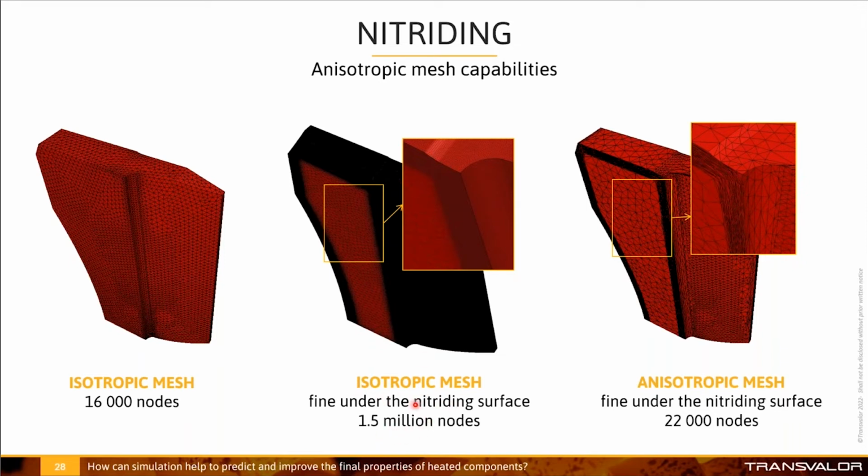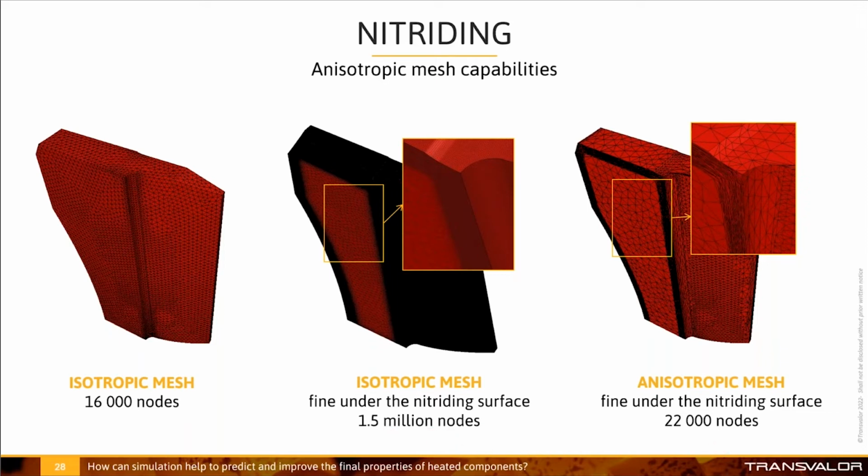Thanks to the anisotropic mesh, by comparing these two meshes, we can see that we have 1.5 million nodes here, and here we have 2,000 nodes. The computation time will be lower with the anisotropic mesh with the same accuracy.